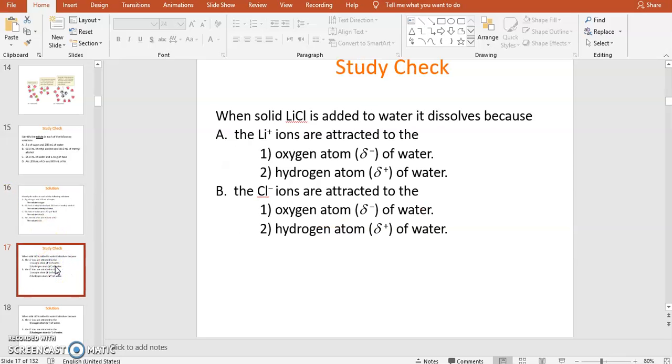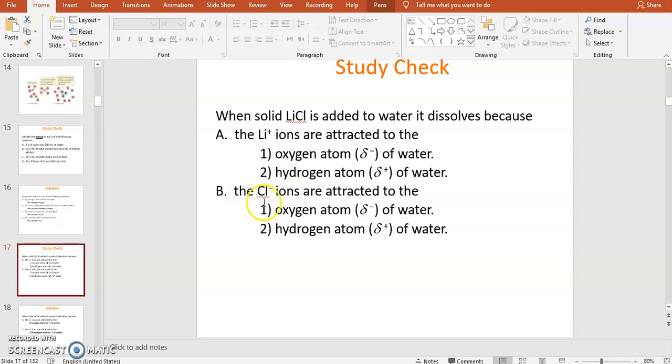And let's do another study check. When solid LiCl is added to water, it dissolves because the Li ion, which is positive, is attracted to the opposite charge, which is the oxygen of the water, which has a partially negative charge.